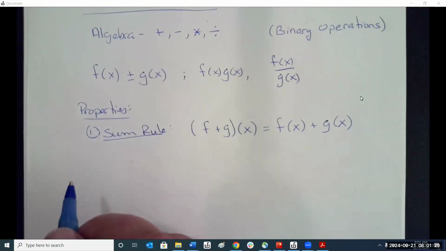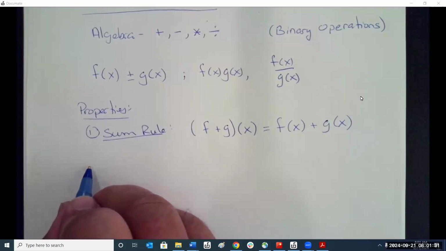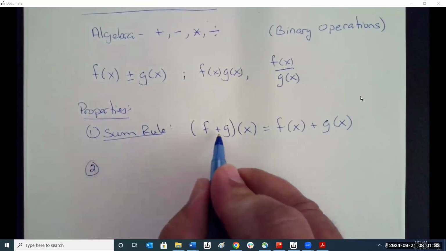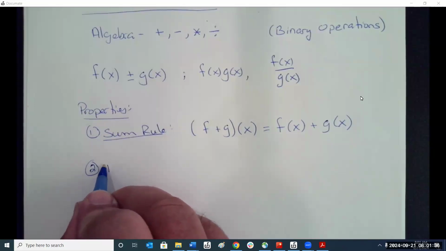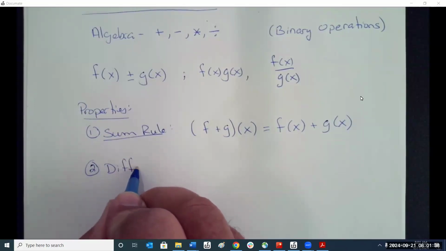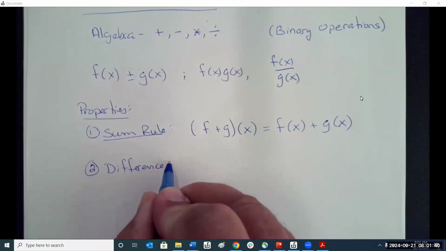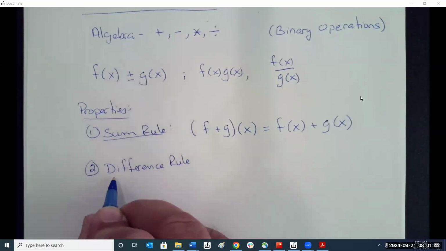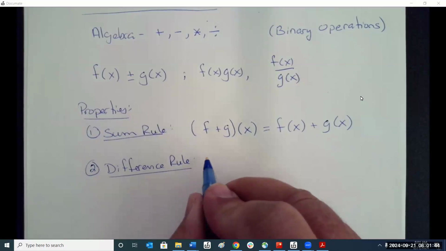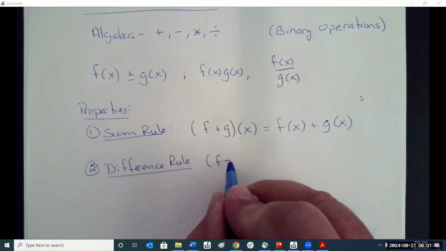And that's what we're going to look at later on this morning. The difference rule is just the opposite. It's subtraction.